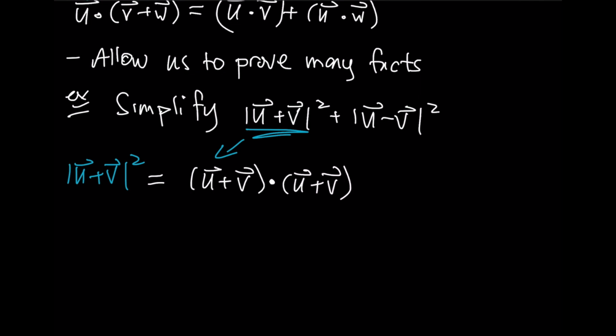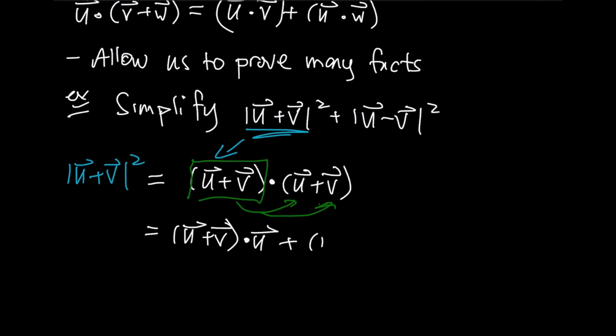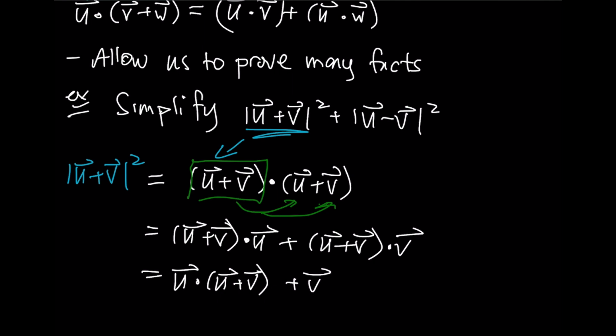And this opens the door for you to be able to use different properties of dot products. The first property we're going to use is this distributive property. So this allows you to distribute the first vector onto the others. You can switch the order of the dot product. It doesn't matter. You will get the same result at the end of the day.